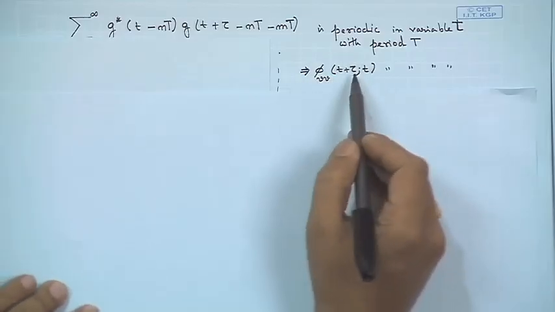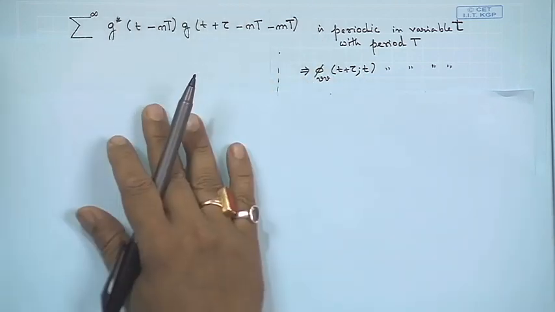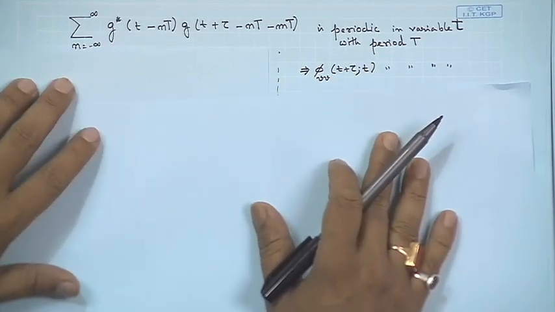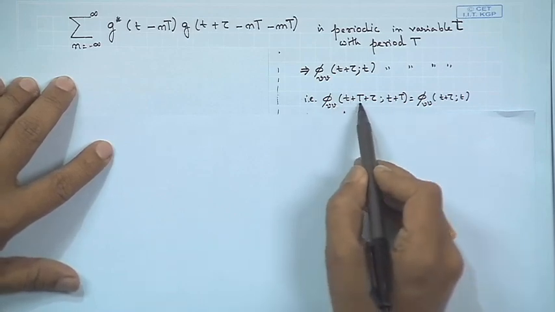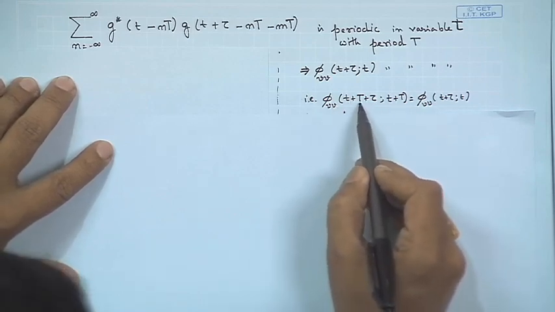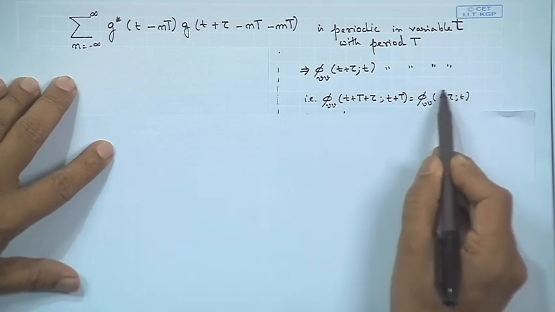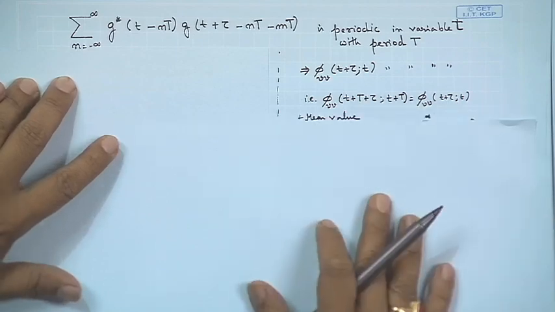So, you would also claim that this, which is the left hand side, is also periodic with period T, because it is a function of this and that is periodic, therefore, this itself is periodic. That effectively means that phi v v of t plus tau, t, if you add T with that and if you add T with this, is independent of capital T. That means, after T it gets back to its original value, right.